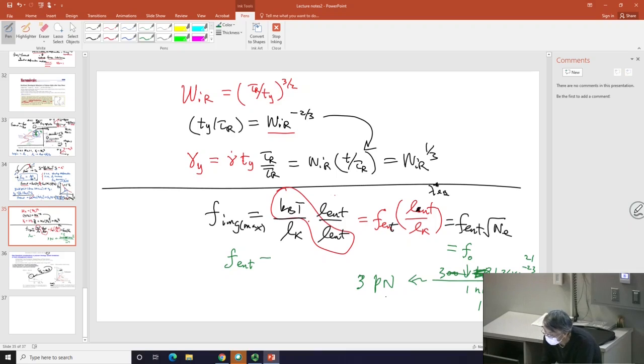And the entanglement force, pathetically, is 3 piconewtons smaller by a factor of NE. We know that's typically a factor of 5 smaller, because I remember this is typically on the order of 5 for many polymers. So in any case, both forces are pathetically small.